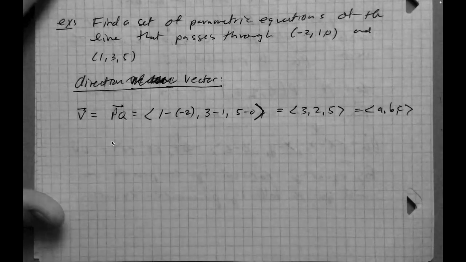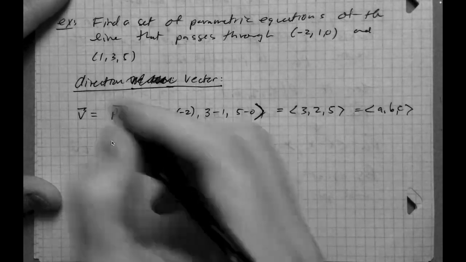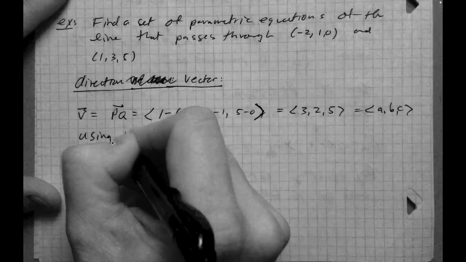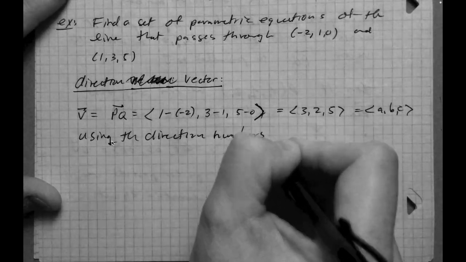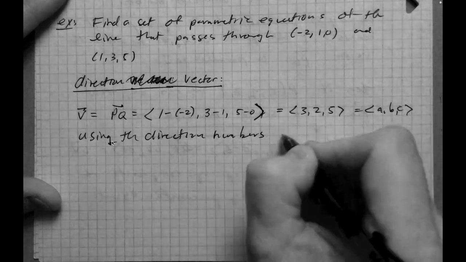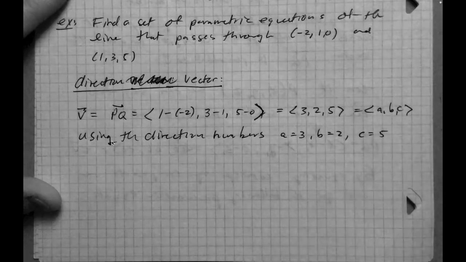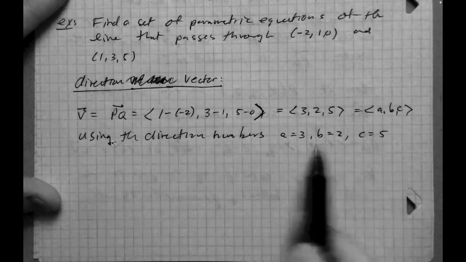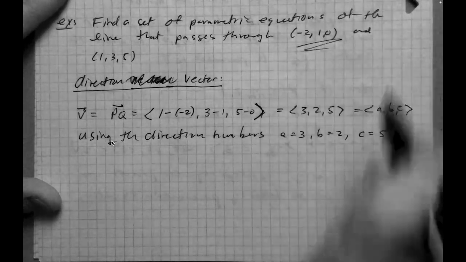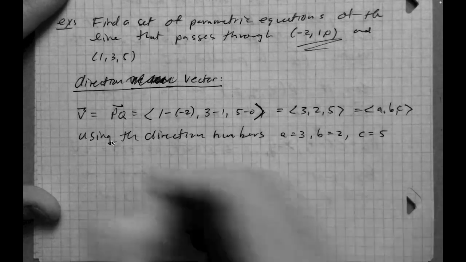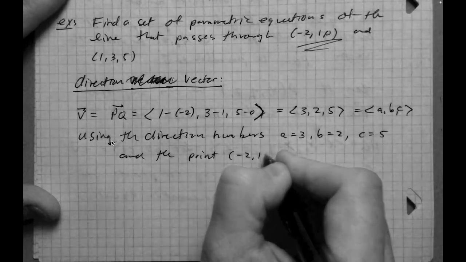Then we want to write out the parametric equations using the direction numbers, a equals 3, b equals 2, c equals 5, together with one of the two points. Let's just take the first one, -2, 1, 0.